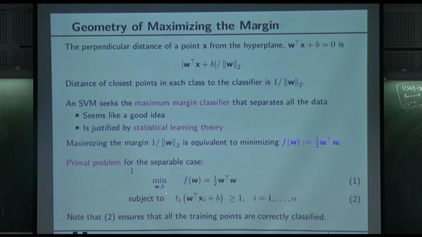If Ti is equal to 1, it would mean that W transpose x plus b must be greater than or equal to 1. If Ti is equal to minus 1, it would mean that W transpose x plus b is less than or equal to minus 1. So from here, this is the reason I like the Ti's to be plus 1, minus 1 rather than 0, 1, because I can write everything into one constraint. Okay, so this is the problem that I want to solve.